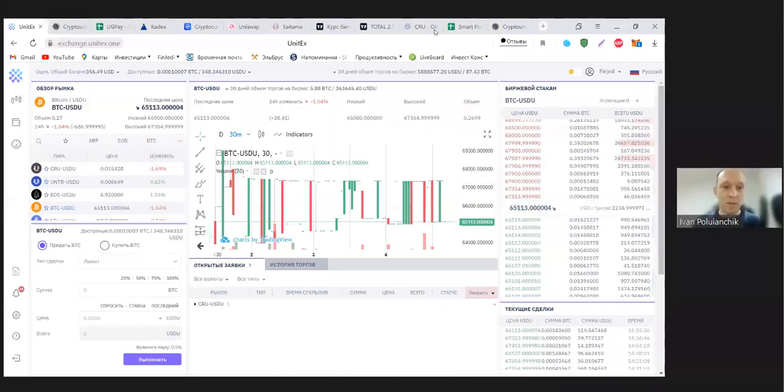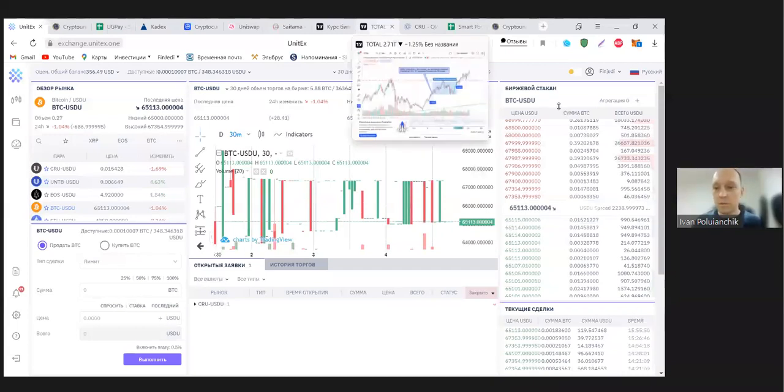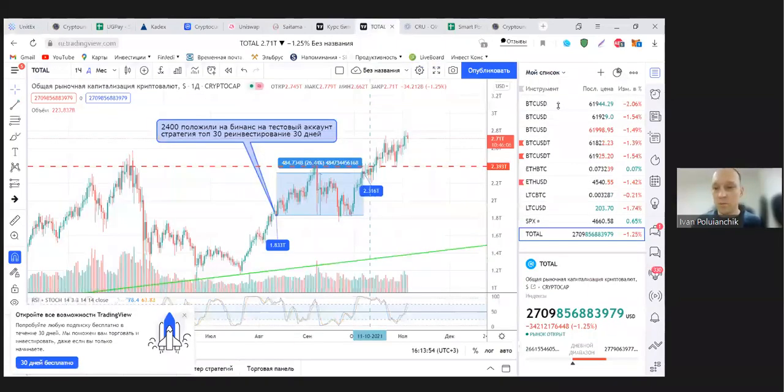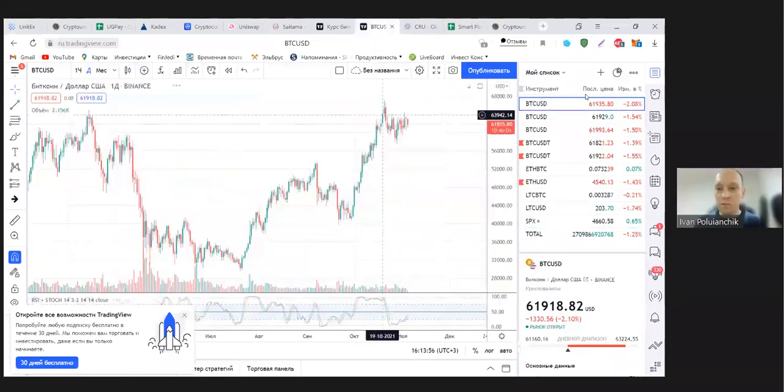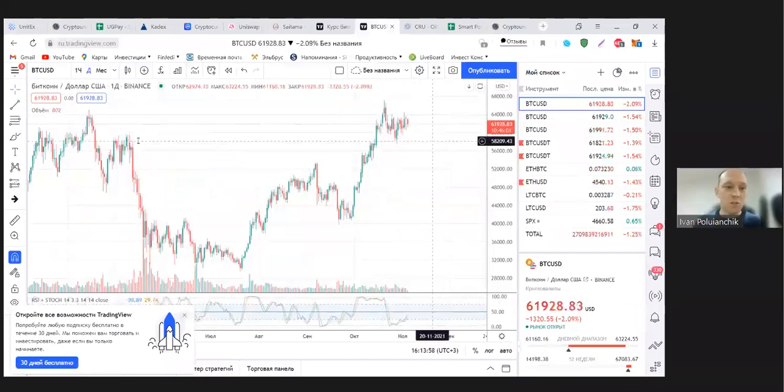If we go to the Binance account, it costs less. It costs 62,000 more or less, and here it costs 65. You see the difference?